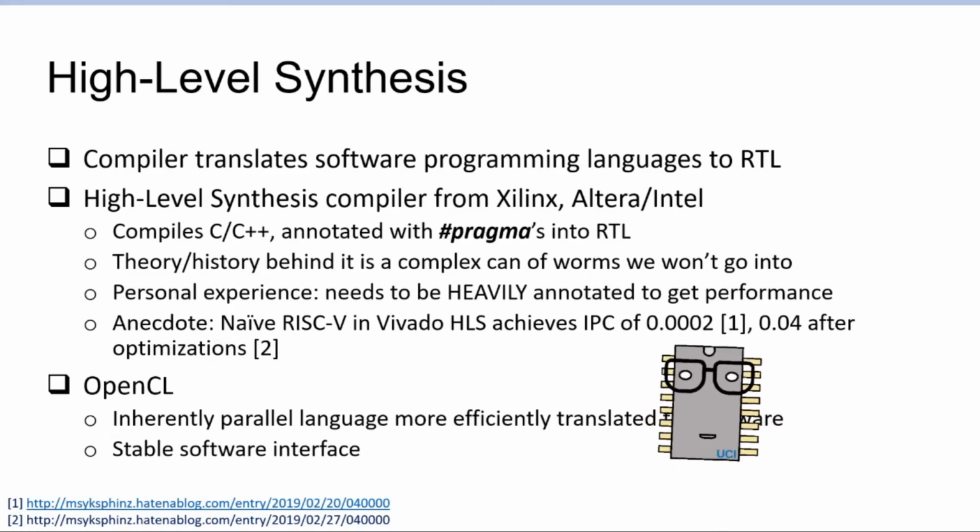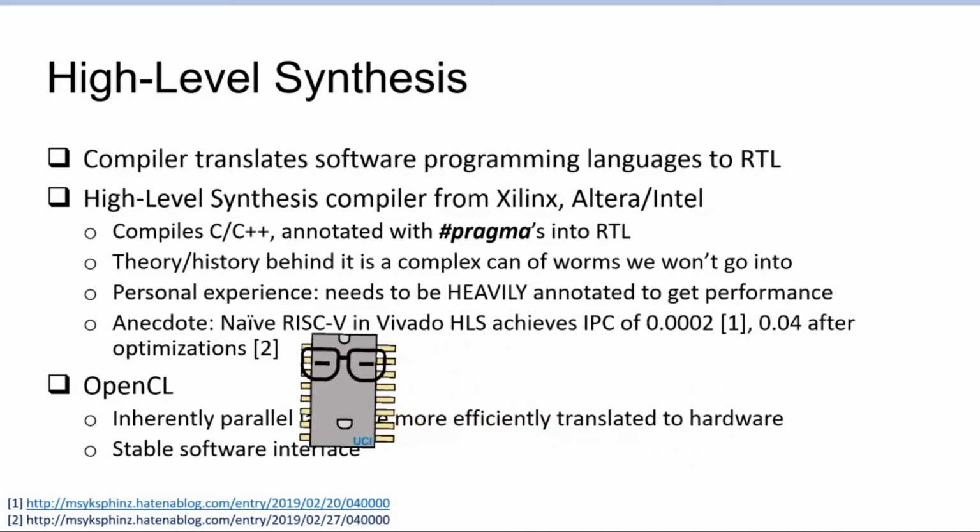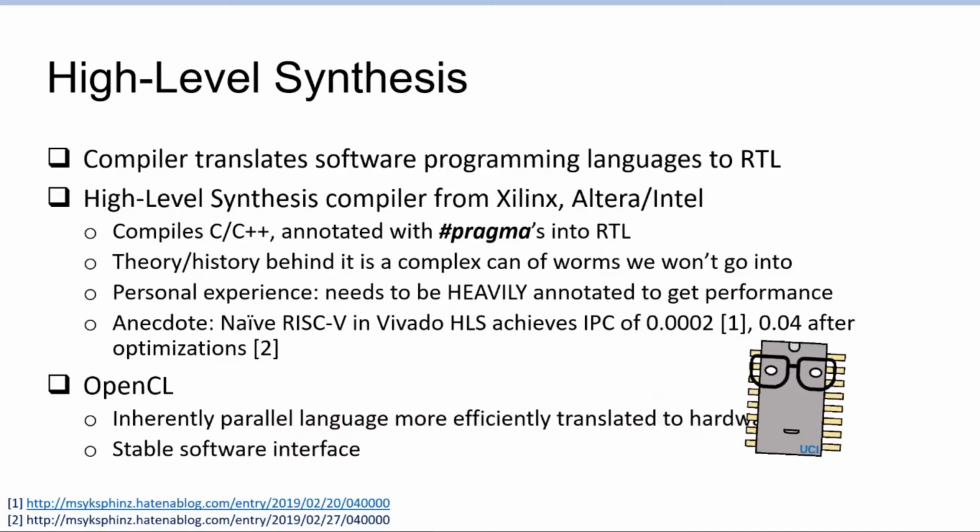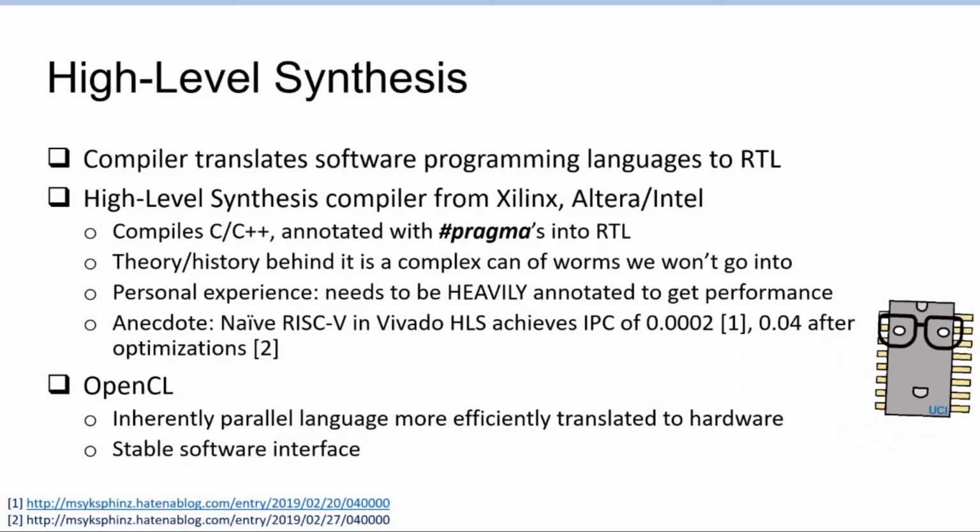And the same engineer actually took a bunch of recommendations for optimizations, where to put the pragmas, how to put the pragmas, etc., and published another post doing as much optimizations as he could. And the resulting IPC is much, much better, but still not very good, considering the kind of effort that he put into it.